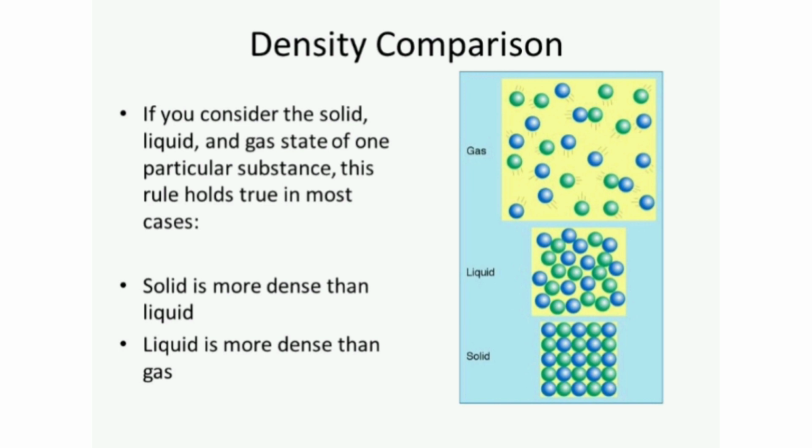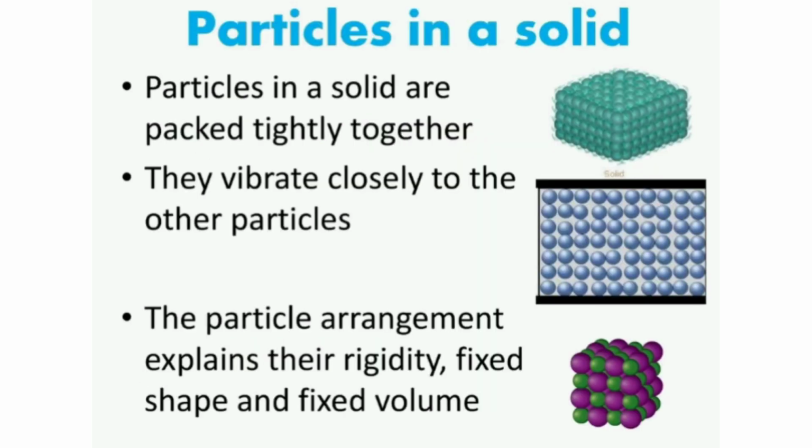Liquid is more dense than gas. Particles in a solid are packed tightly. They vibrate closely to the other particles. They have fixed shape and fixed volume. So, any substance in solid state is the most dense.